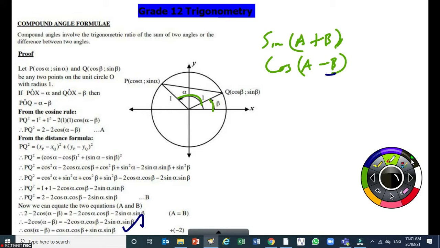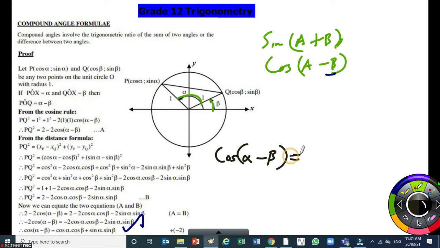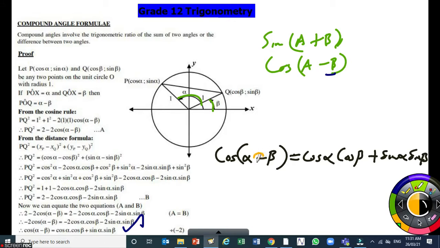So cosine of alpha minus beta is equivalent to cos alpha times cos beta; if there's a minus here, then you're going to have a plus there: sine alpha, sine beta. It's your first time, so I understand, but over time you are going to get used to it. If there's a difference for cos, then you are going to have an addition. The signs will be the opposites.